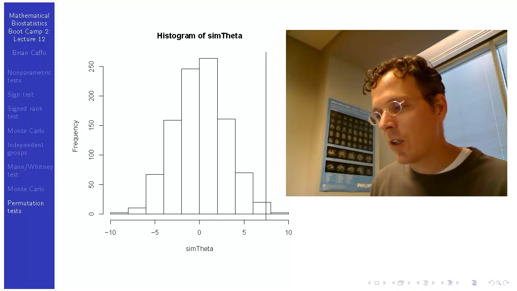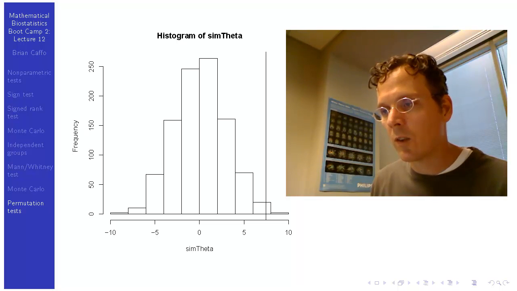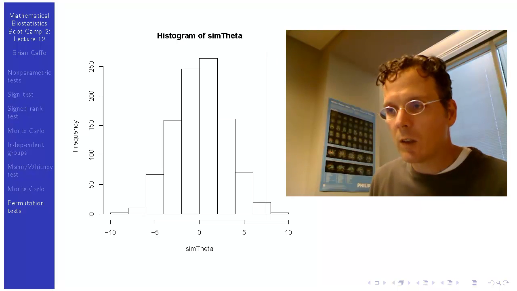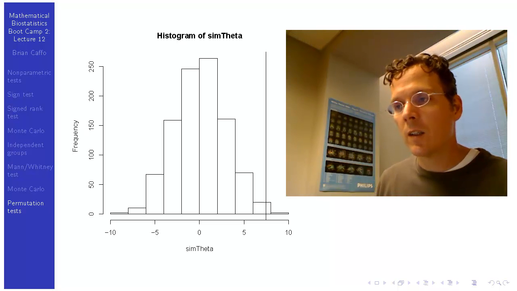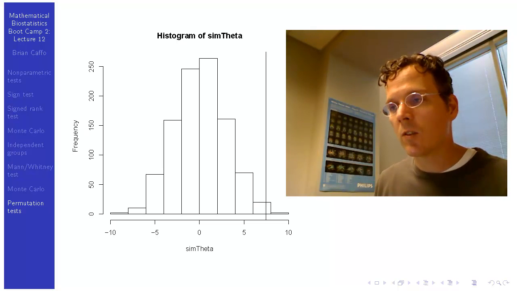And then the percentage of the simulated statistics that are more extreme than our observed statistic is our exact p-value. So that's a permutation test. If you were to do it with the ranks, then this would just be simulating the exact small sample distribution of the rank sum statistic. If you were to do it with the raw data, then it's a so-called permutation test, and so on.